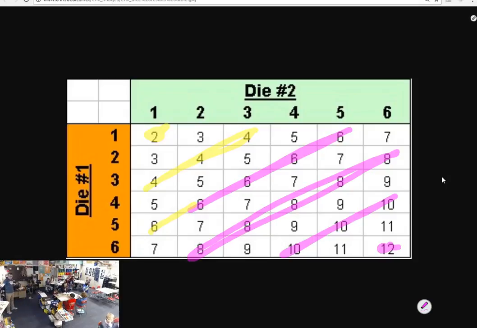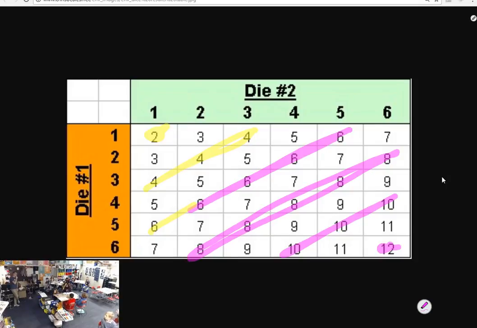How many total possibilities are there here? 36. 6 by 6, 36. So we do get 50%.